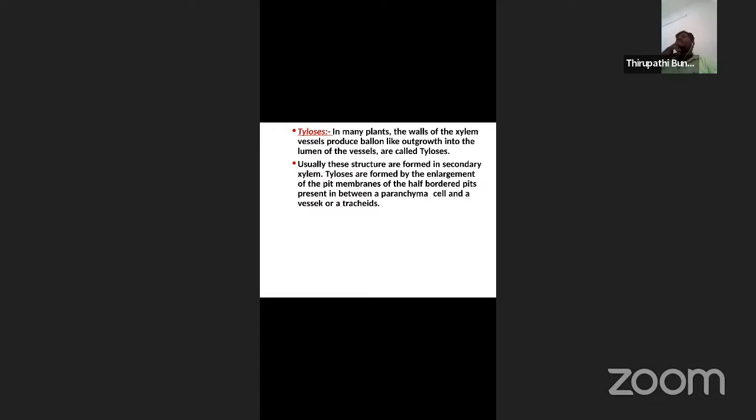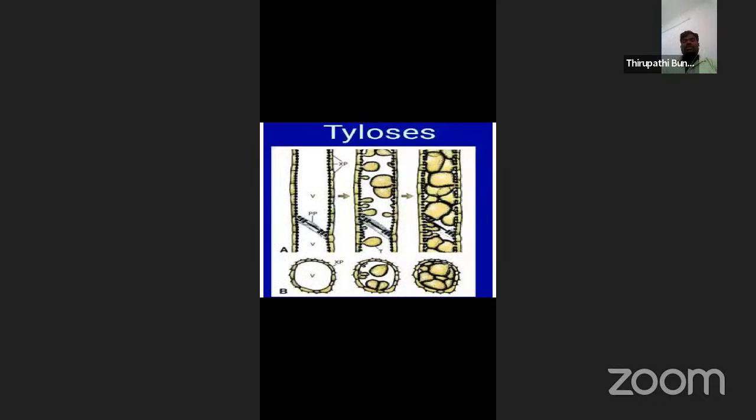Tylosis are just outgrowths. They block the conduction and reduce the permeability of wood. Present in heartwood only. The tylosis figure you are also seeing.